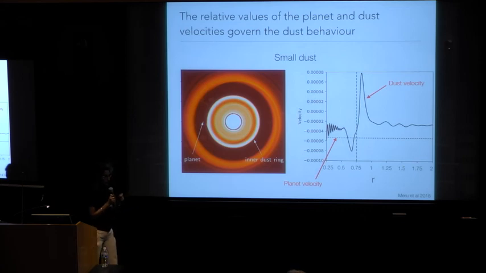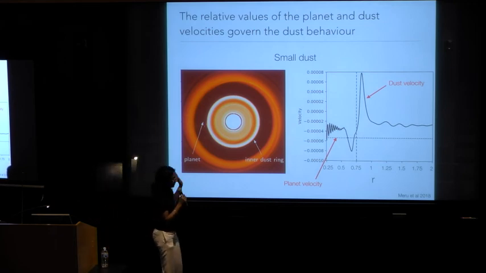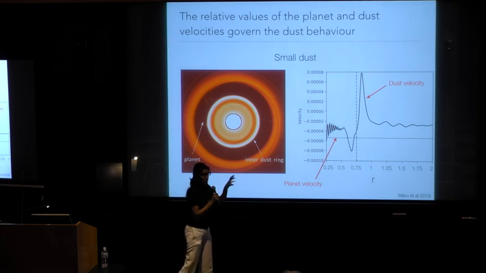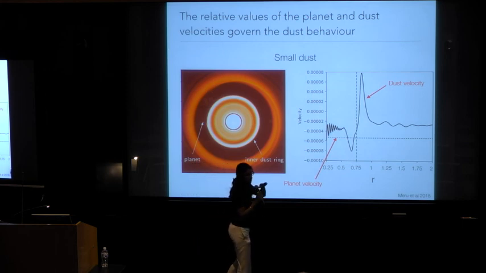I'm not sure if I totally understood, but let me just firstly say, for the very, very small dust, indeed it does move with the gas. So these are slightly larger dust sizes, which can still be affected by the pressure perturbations independently of the gas, and are not totally tracing the gas motions.